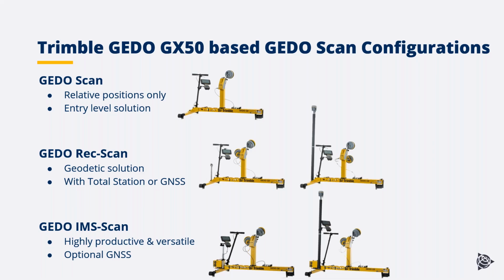The most productive system is the combination of a GEDO IMS trolley with the scan solution, with the GX50. So this gives you a very versatile solution, highly productive in terms of track measurements. You can cover how many track meters you can measure in a certain time. You have the highest productivity here. If you don't have ground control points, you can also use GNSS to orient or to correct your IMU positions with that system.